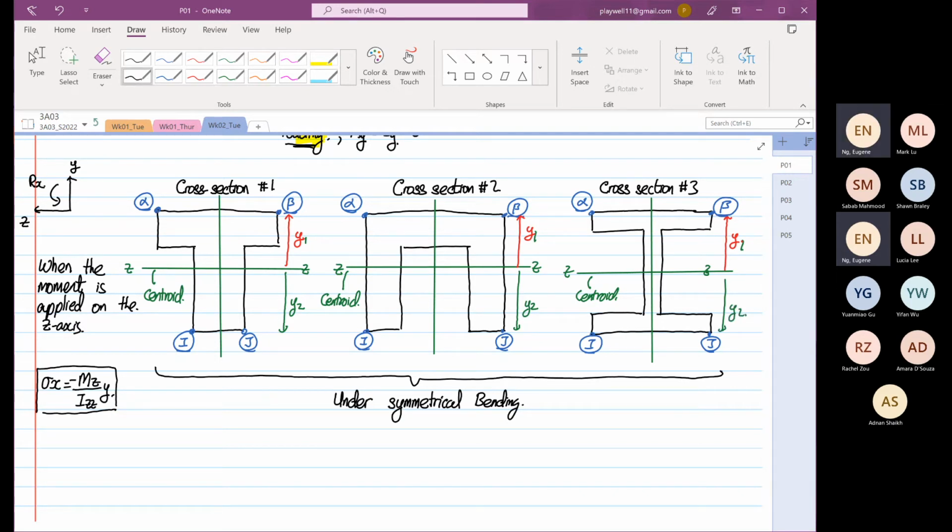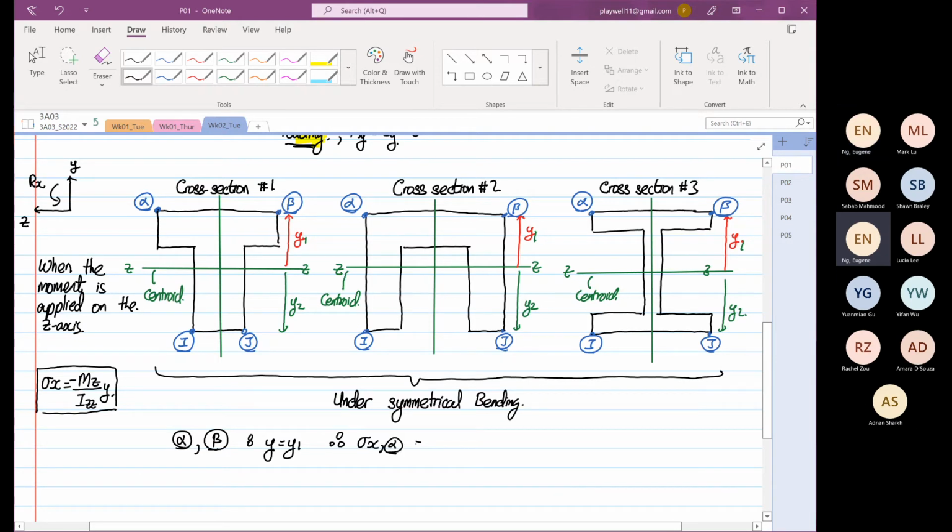If we focus on two points, point alpha and point beta, y is equal to y1 for both alpha and beta. Therefore, stress X at alpha is equal to minus Mz over Izz multiplied by y1.